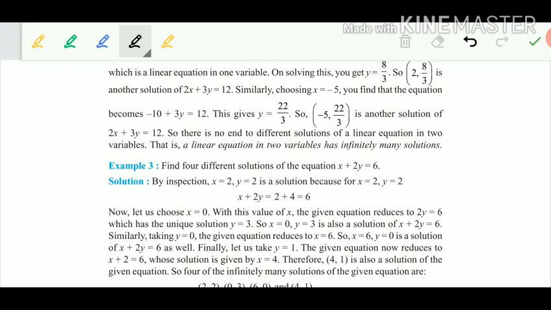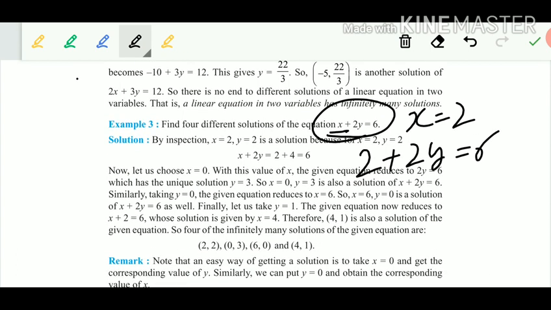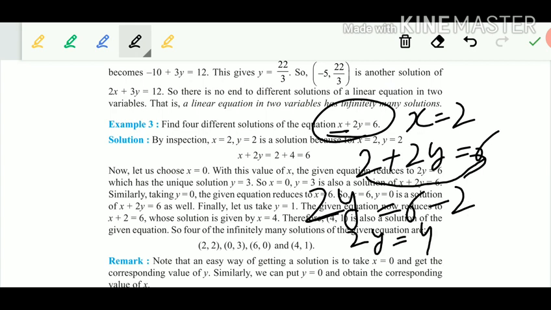For the next, you can put x value 1 or you can put x value 2, any value of x you can put, like I'm putting x value 2. So in this equation put x value 2. 2 plus 2y is equal to 6. 2 is plus on this side, on the right side it becomes minus, so 2y is equal to 6 minus 2, so 2y is equal to 4.